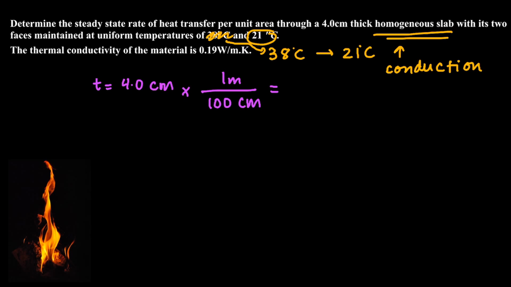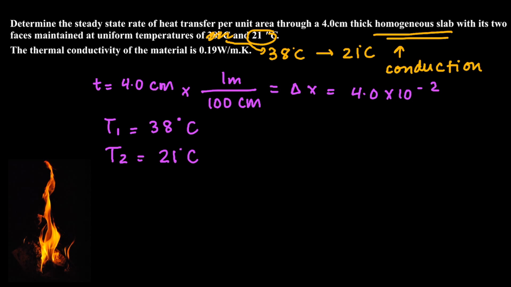We have T1 to be 38 and T2 to be 21, and this change is basically changing X. This is 4.0 times 10 to the negative 2 meters. K is also given, 0.19 watts per meter K.